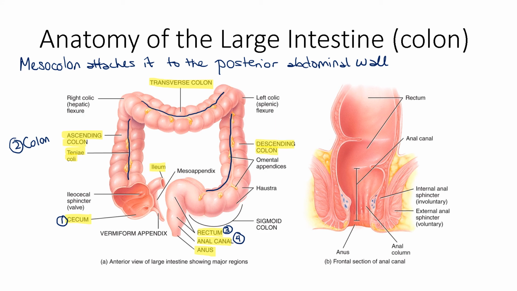The taenia coli are separated by portions of the wall with less longitudinal muscle. Contractions of the bands will gather the colon into a series of pouches called haustra, and these little pouches give the colon a puckered appearance.